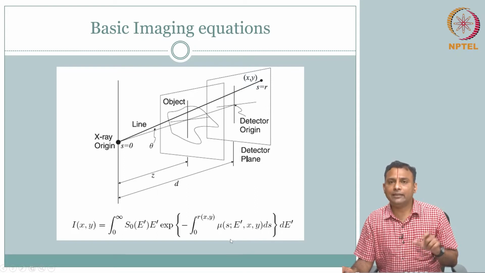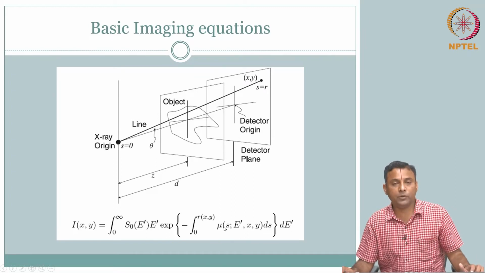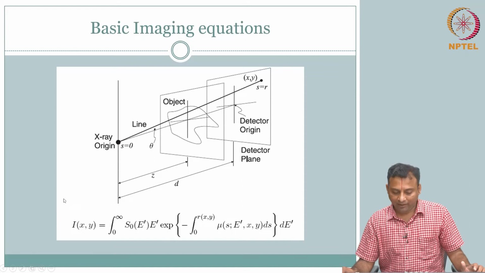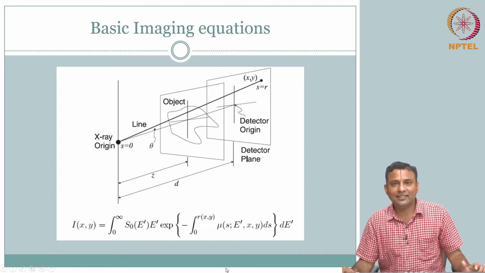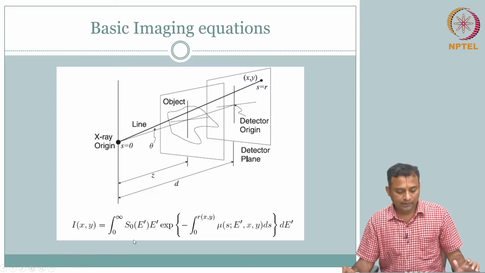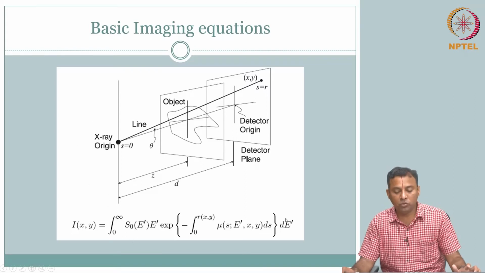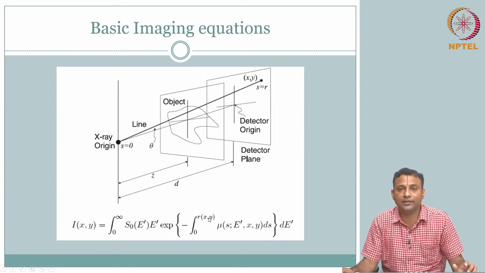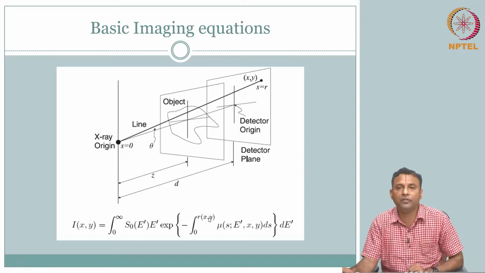And ds is your segment, your path length that you are talking about. Okay. So this is fine, this accounts for what we want to do, but this is too generic. So we need to customize this to the setup that we have. That means we need to be able to explicitly write what the path length is. And is this all, is there any other effect that comes into modifying this equation because of the way the instrumentation is set up, that we need to accommodate? Okay. So that is what we will do now.